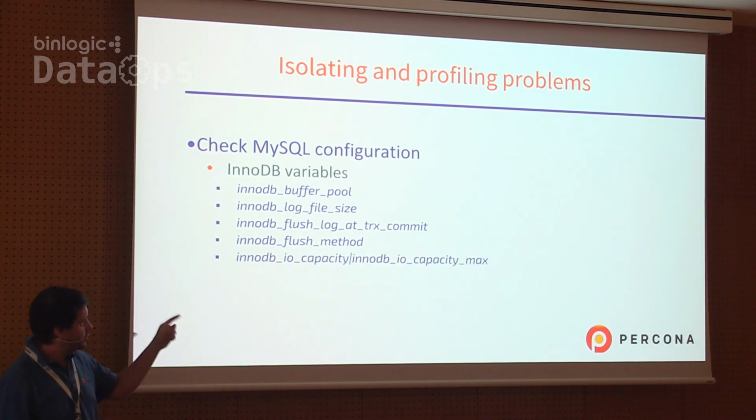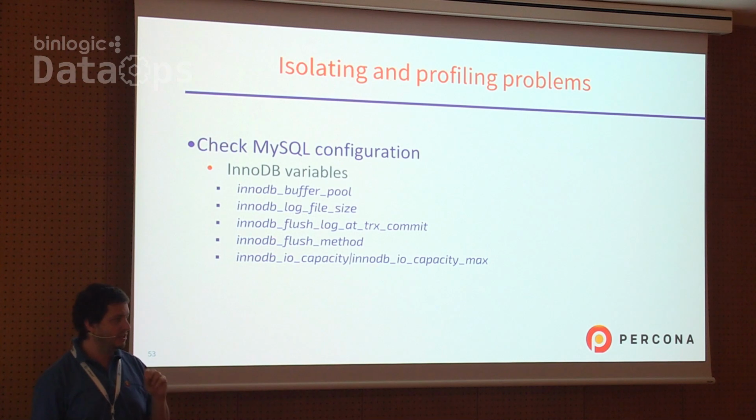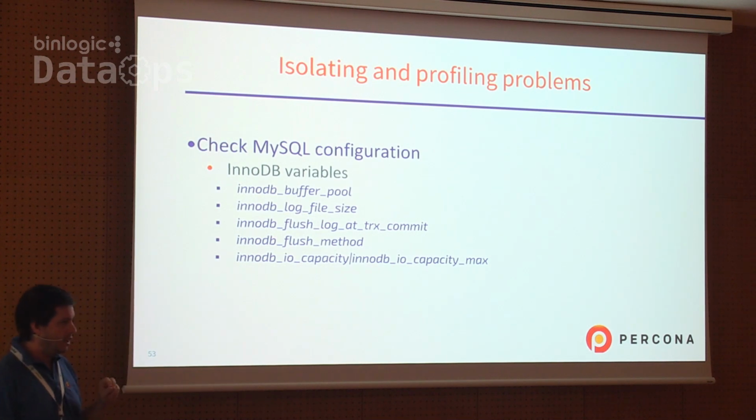And then we have these two that I found many people do not completely understand. With the arrival and usage of SSD disks, solid state disks that can afford a lot of write operations in parallel, people were like, okay, let's increase that. No, you shouldn't.